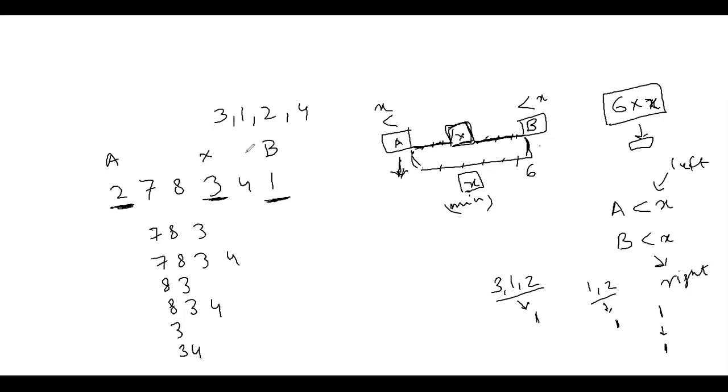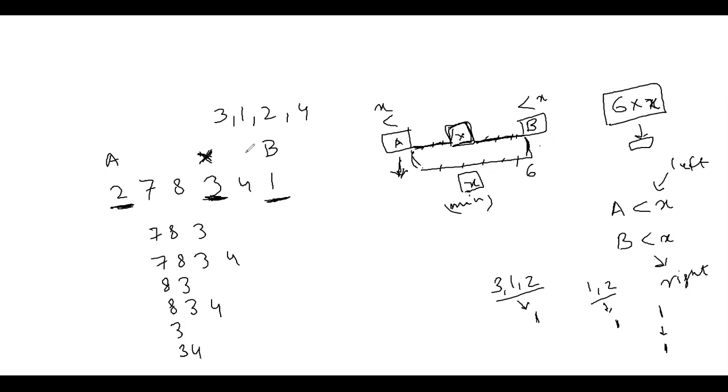No. Why not 7, 8? Because it does not include 3, and does not include X. Just look at it from 3's point of view, where 3 is the minimum. You will not include just 7, 8 by itself. Is that clear?